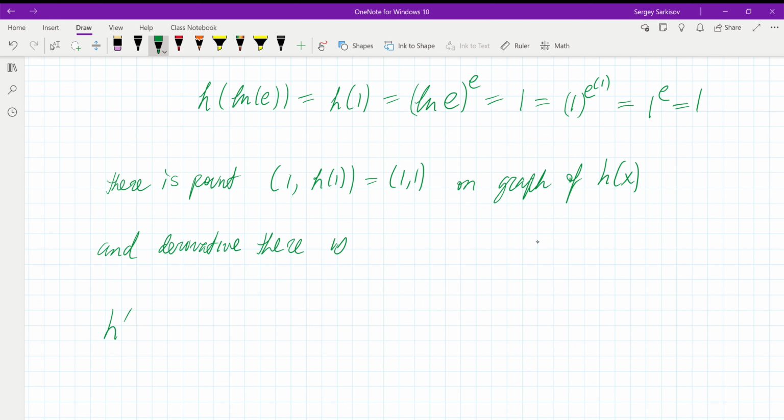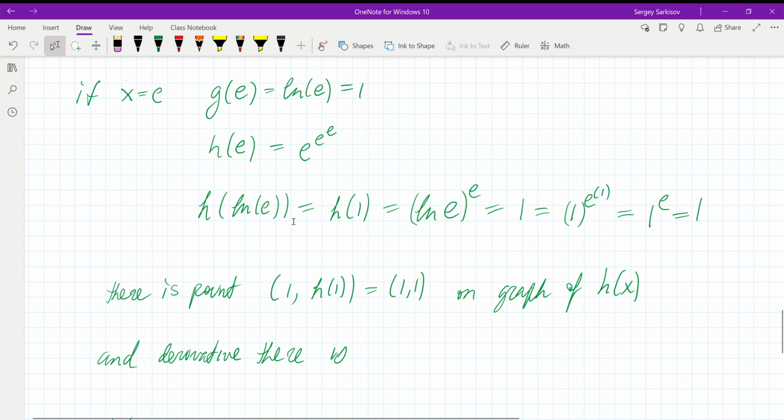h prime of, I put x equals e in, right? And I got the point, what if I put an e in? If I put e in, I'll get e to the e to the e, right?